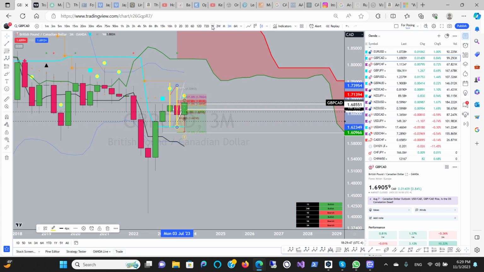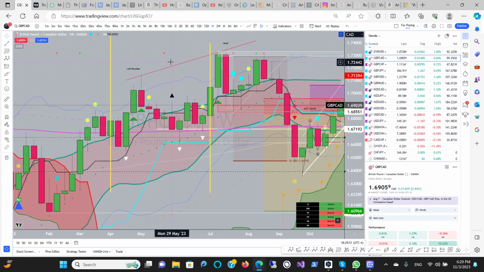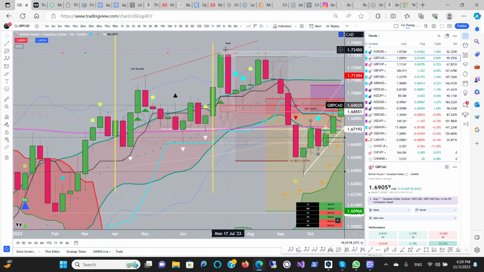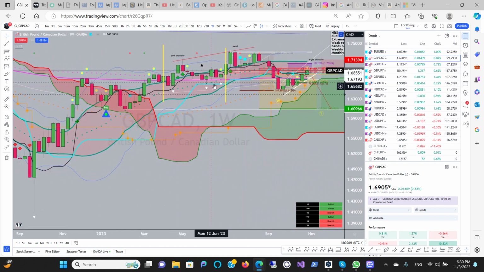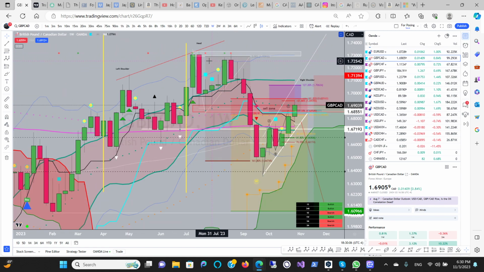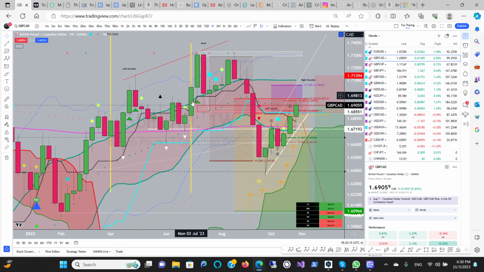And if we go to a weekly chart, you see higher highs and higher lows. This was the end here on the weekly chart. So I think we see nothing except higher highs and higher lows, right? On the weekly chart. And nothing else. Just higher highs and higher lows. This was the end of the trade here.